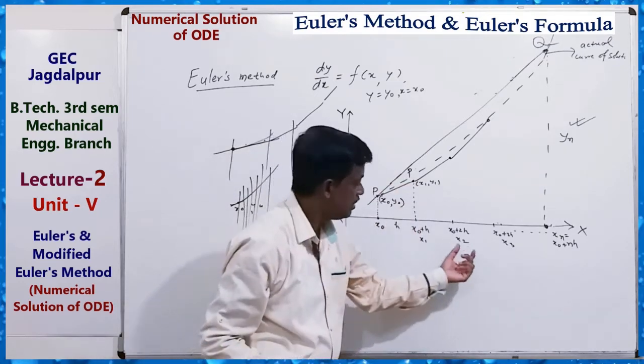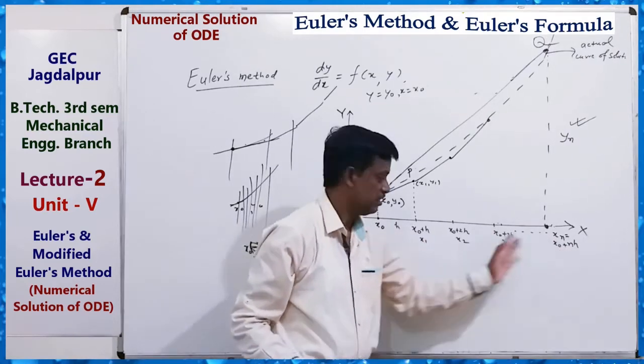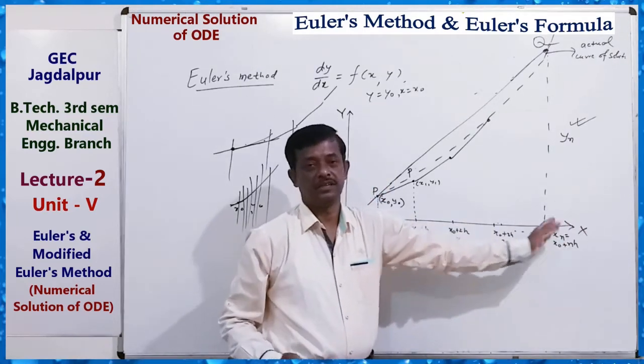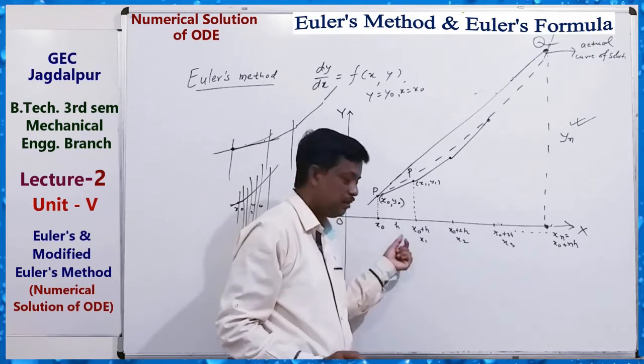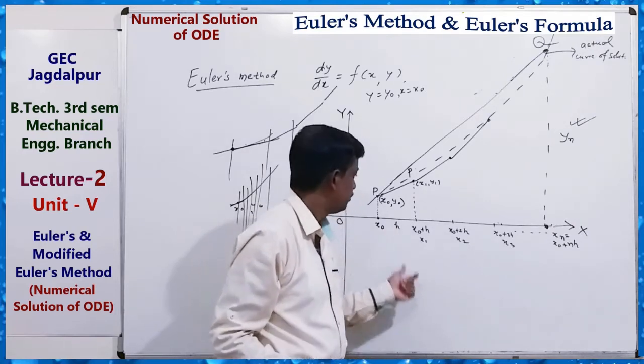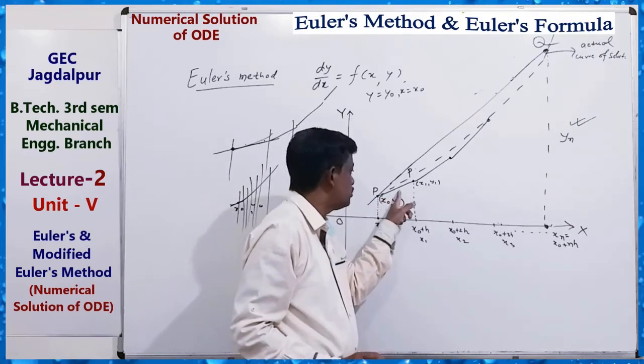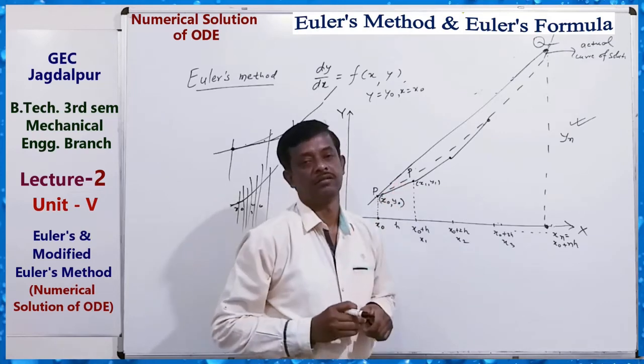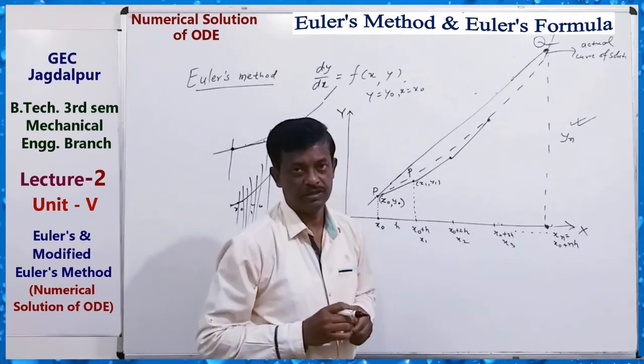Here we will divide x0 to xn in n parts. In each part, if h is very small, then tangent may be used to approximate the curve of solution.